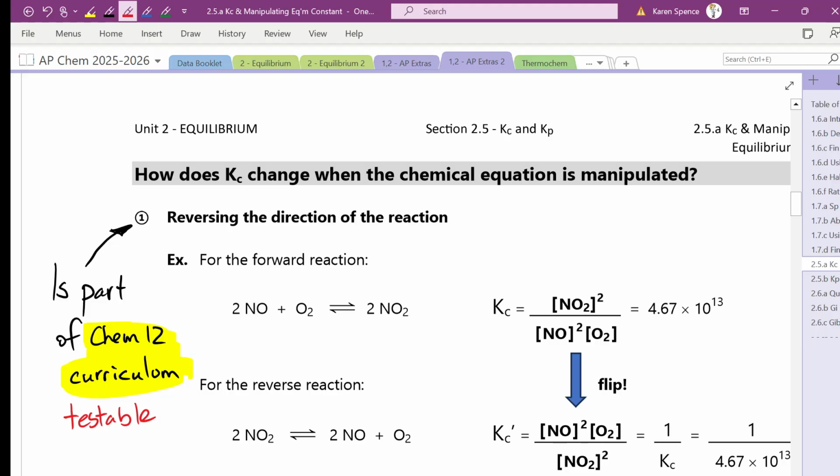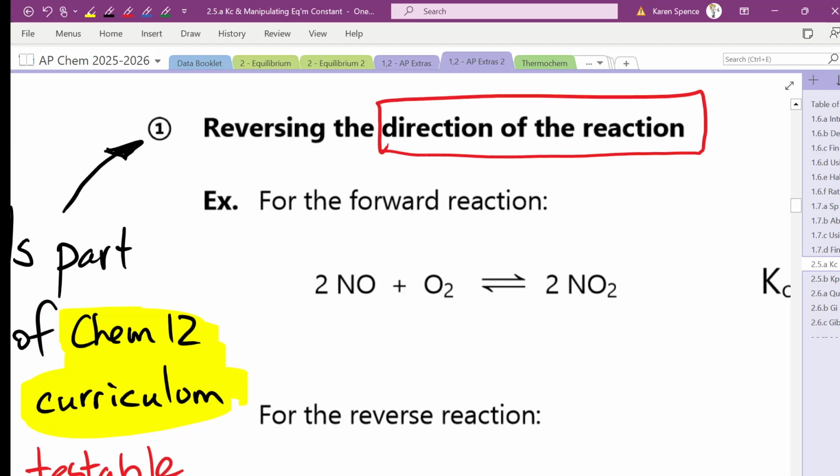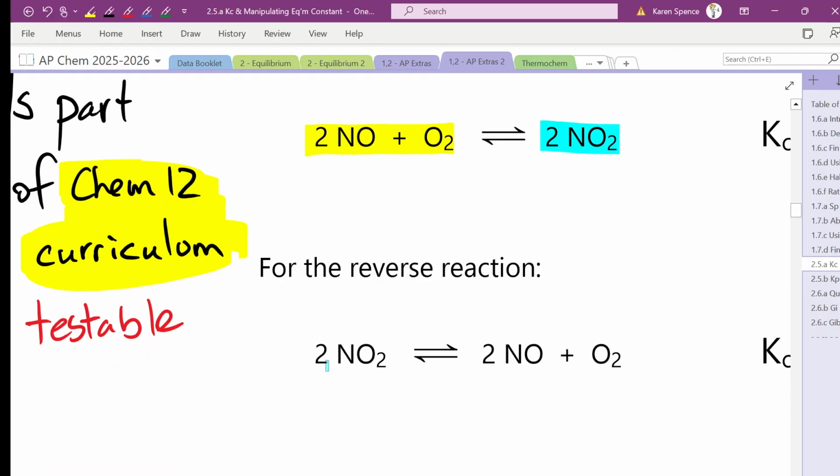So what happens to Kc or Keq if we change the direction of the reaction? We take it from being NO plus O2 gives 2NO2, and we flip it around, we reverse it, so what was the reactants is now the products, and what was the products is now the reactants.